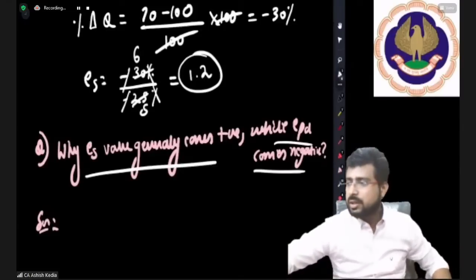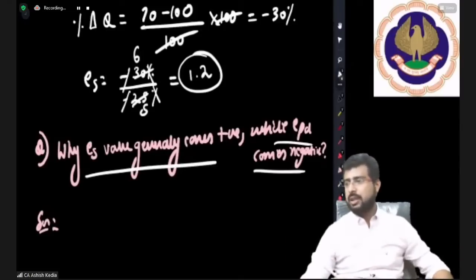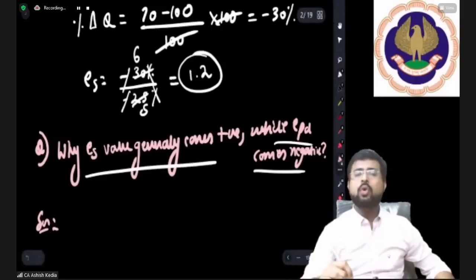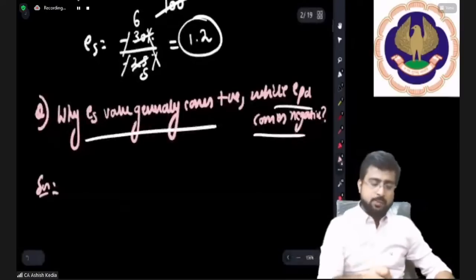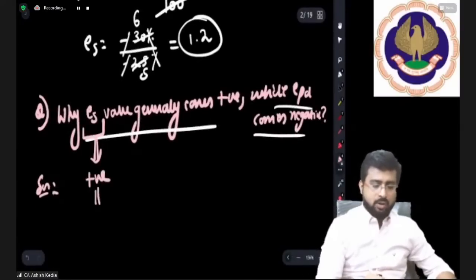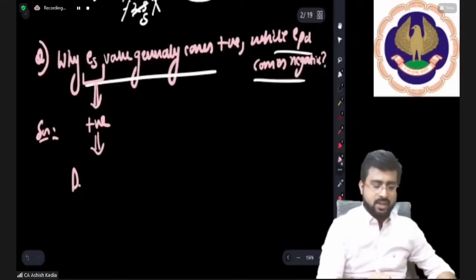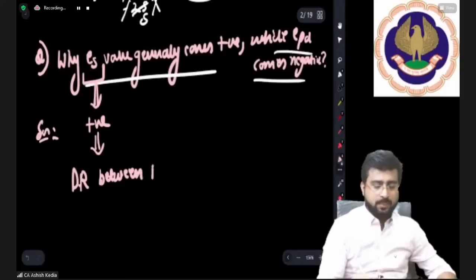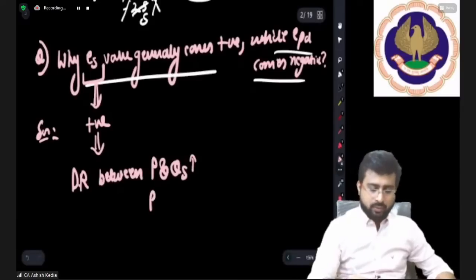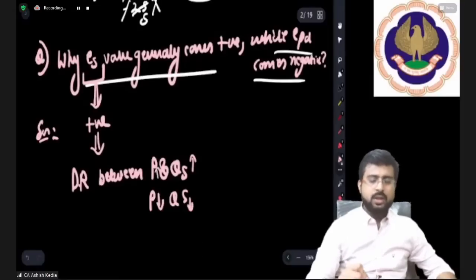Okay, very good, yeah. Everybody has given correct answer. So yes, you all are indeed correct in your approach while you're telling me that it is because elasticity of supply is generally positive because of direct relationship between price and quantity supplied. That is, when price rises, profit margin rises, so quantity supplied will rise. If price falls, quantity supplied will also fall. Okay.